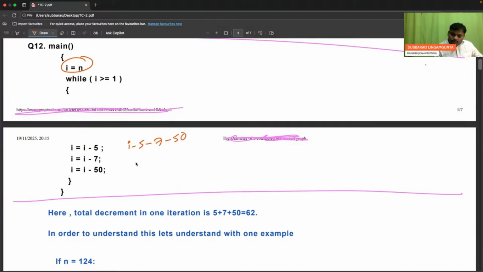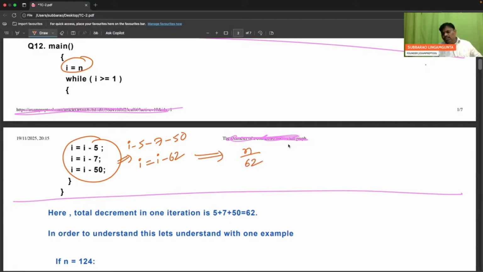So overall, the story is going to be: always you are decrementing by I is equal to I minus 62. See, start from a big number, you have to subtract. Subtracting by how much? Always you are decrementing 62. This is nothing but time complexity n by 62.